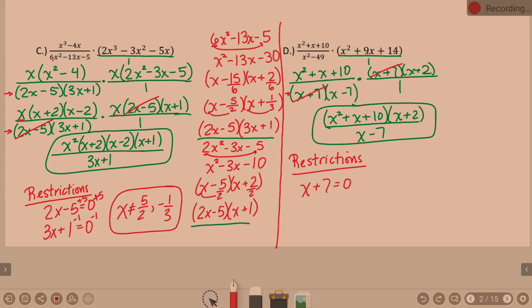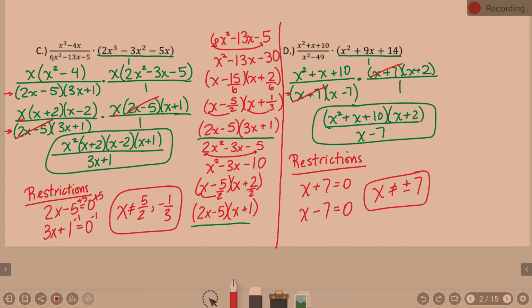So if I set x plus 7 equal to 0 and x minus 7 equal to 0, what do we know? X cannot equal what? Okay, negative 7, positive 7. If you'd like, you could say plus or minus 7.